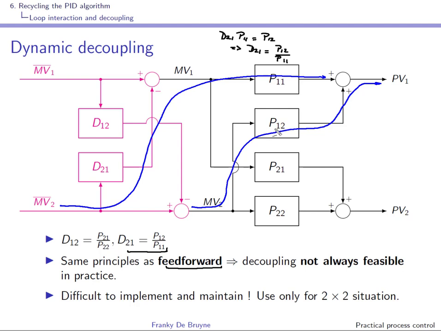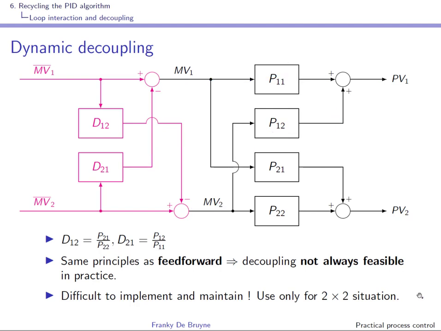There could be unstable pole zero cancellations in the perfect decoupling, and they are forbidden. And also this transfer function has to be proper, and ensuring properness may make your decoupling no longer perfect.